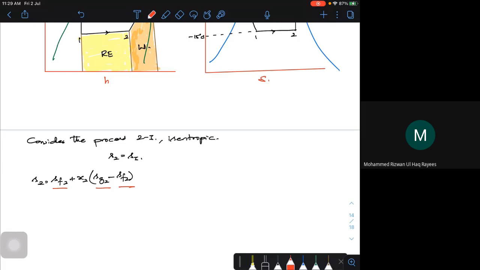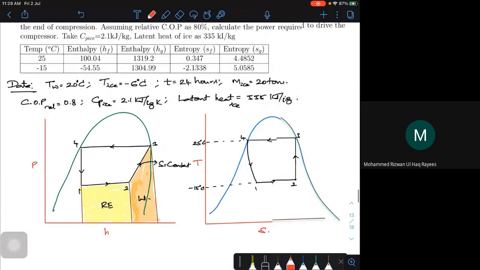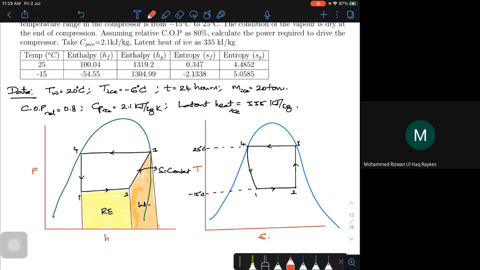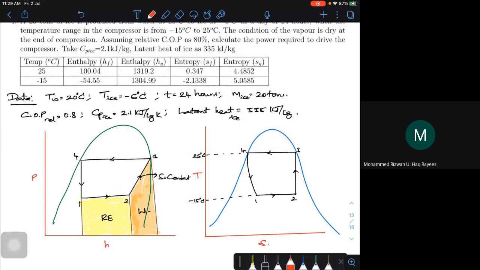What are those values? That means you have to go and check for the temperature at minus 15 degrees Celsius. At that temperature, SF2 is minus 2.1338. Then what is SG? It is 5.0585. SG2, okay, minus of minus, so I need to calculate that.